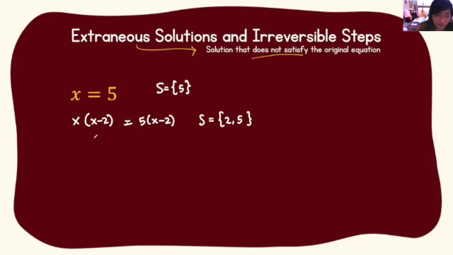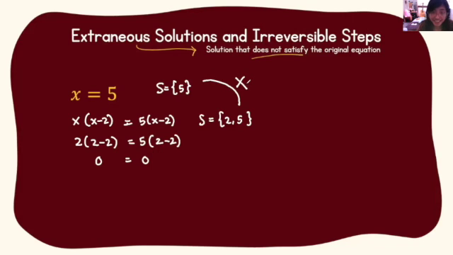You can see by yourself when I write 2 equals 5 times 2 minus 2. I get 2 times 0 equals 0, and 5 times 0 equals 0. This is still correct, but the two equations are different.